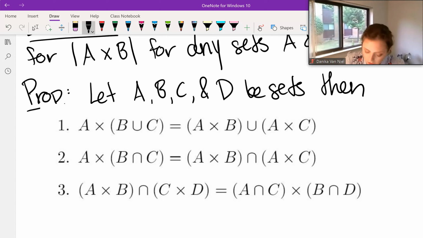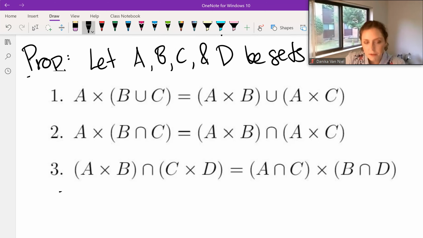Two, if we do something similar but with intersection, we get A cross (B intersected with C) equals (A cross B) intersected with (A cross C). Number 3, (A cross B) intersected with (C cross D) is equal to (A intersect C) crossed with (B intersect D).